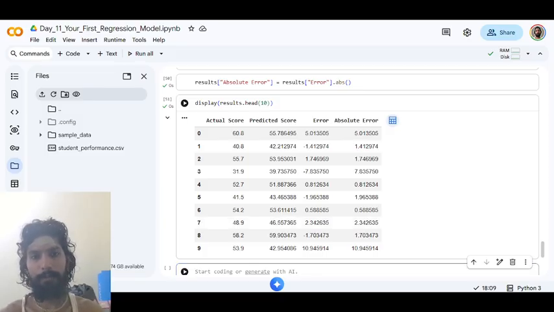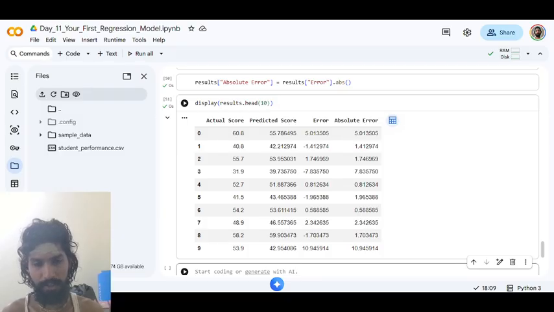Let us understand the columns. Actual score is the real final score. Predicted score is the model's estimate. Error is actual minus predicted. A positive error means the model predicted too low. A negative error means the model predicted too high. Absolute error ignores the direction and only measures the size of the mistake.